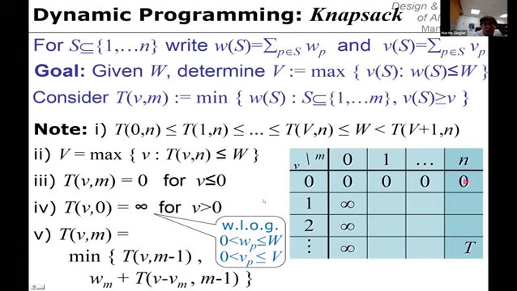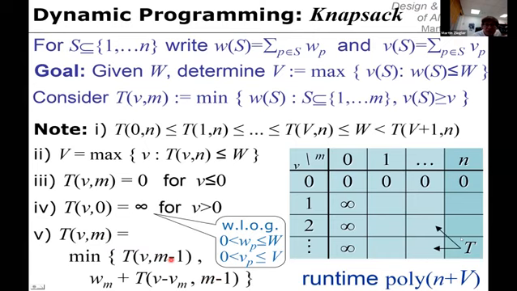The top row is easy to fill according to property number 3, and the left column is easy to fill according to property number 4, and property number 5 allows us to recursively fill the table by proceeding row by row, right? And that's possible because every entry here is determined depending only on entries in the previous row.